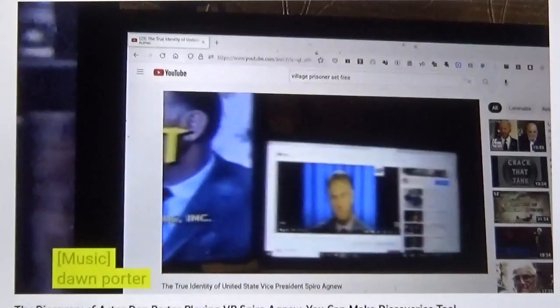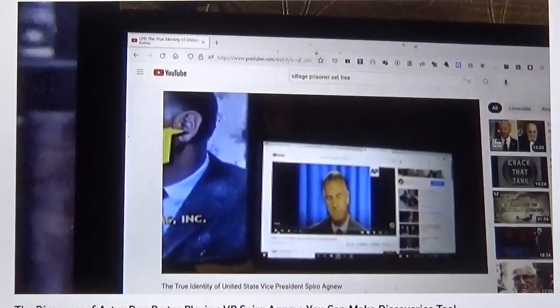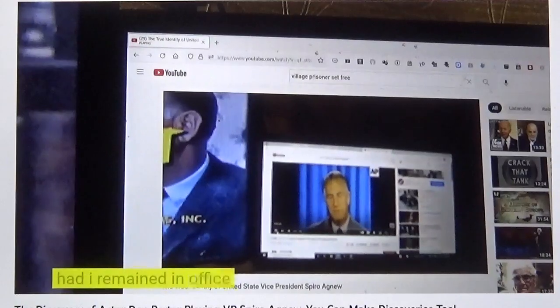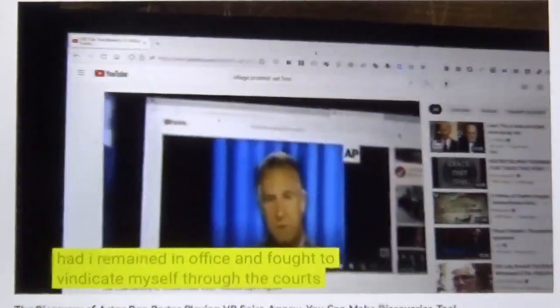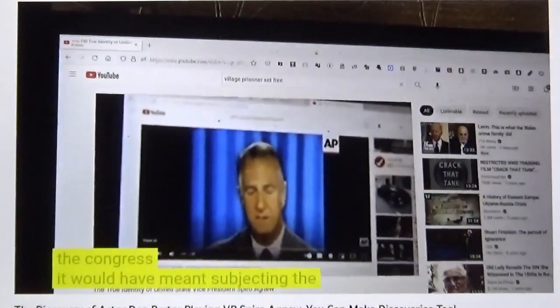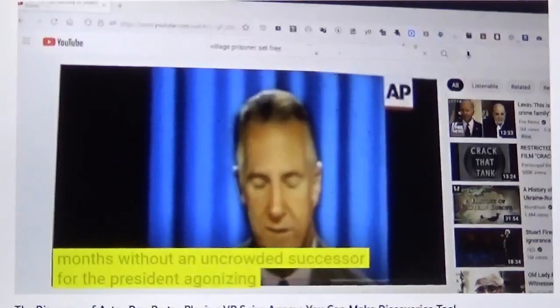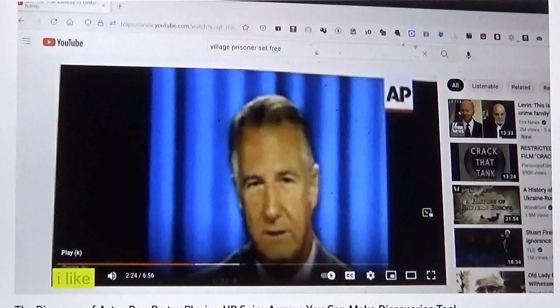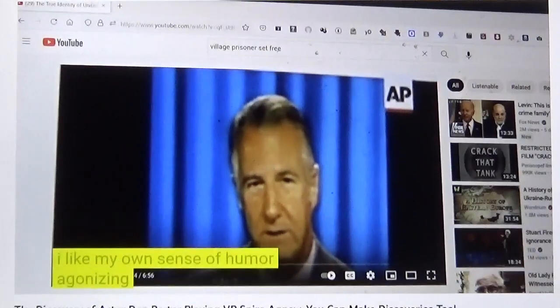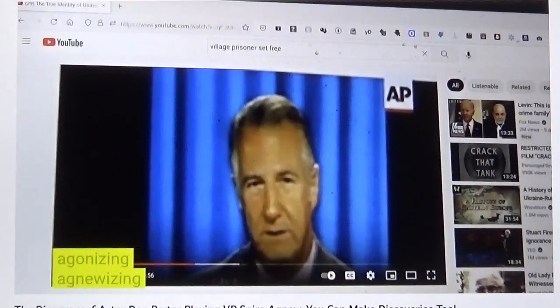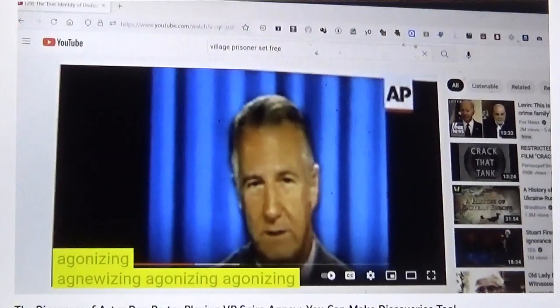Don Porter. Had I remained in office and fought to vindicate myself through the courts and the Congress, it would have meant subjecting the country to a further agonizing period of months without an unclouded successor for the president. Agonizing. Agnewizing.